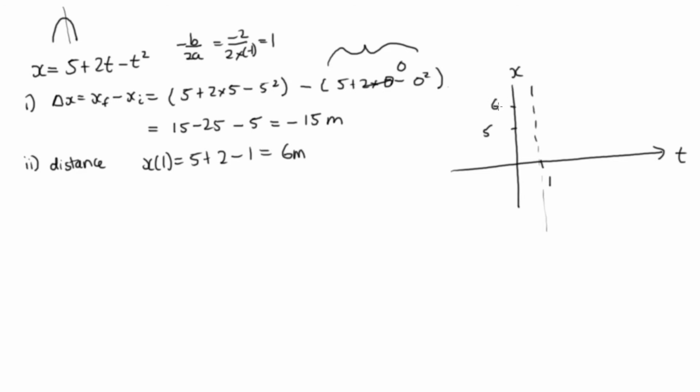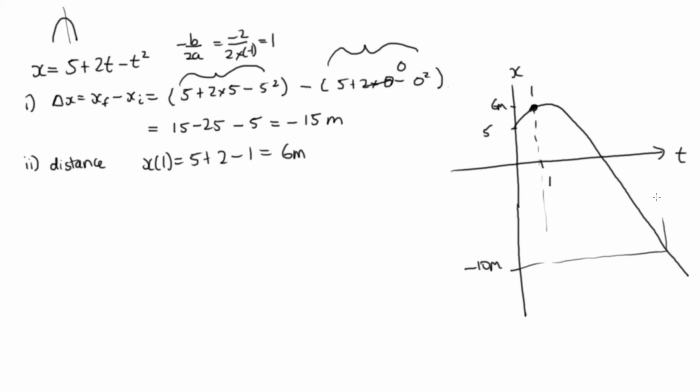So it gets up to 6 meters at 1 second, and then it starts coming back down like this, and we need to evaluate it at the final position, which we've done here, and this was 15 minus 25, so that was minus 10 meters. So here we've got minus 10 meters, and this is 5 seconds. So in the first second, it travels from 5 meters to 6 meters, so that's 1 meter.